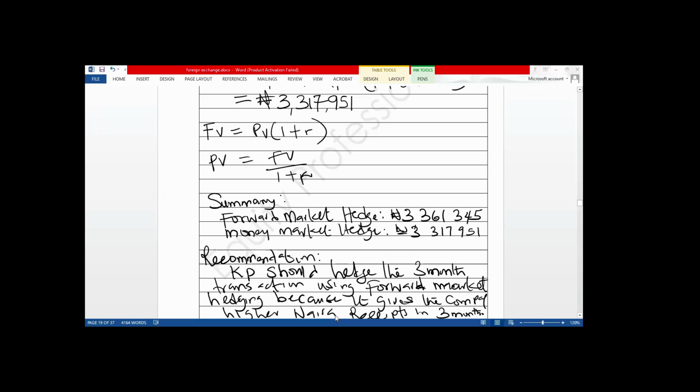Your banker will ask if you want to convert it to Naira or not. Because you have borrowed, you don't need to convert now. As soon as your customer pays you in 3 months, the money will enter your account. The loan is also in your account. So as the money is entering your account, it will just cancel out the loan and the interest. Is that clear?